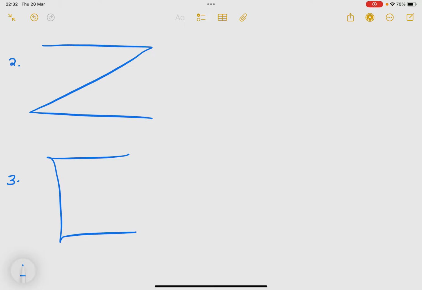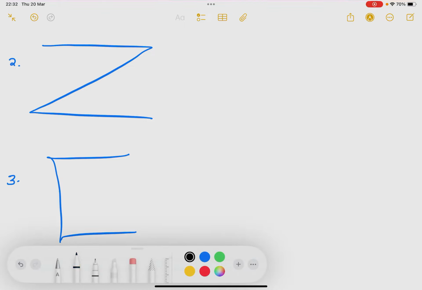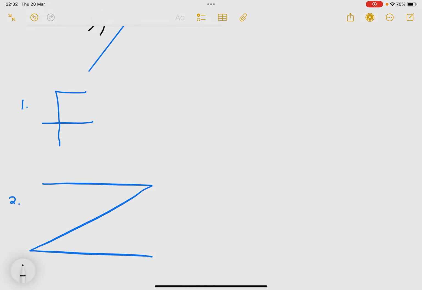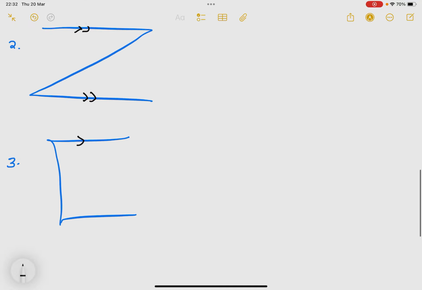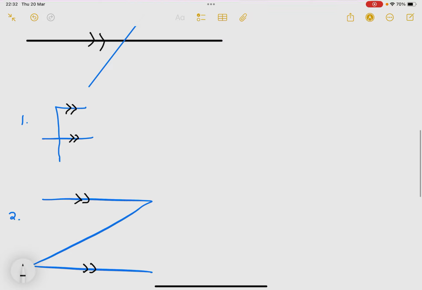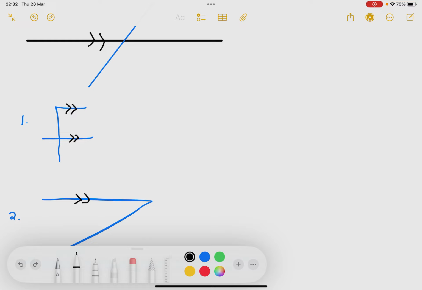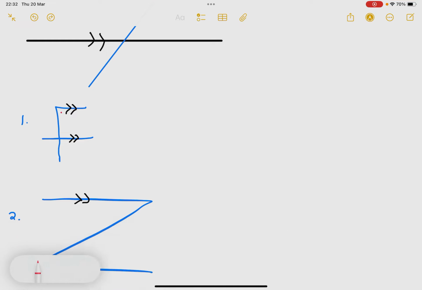Before we go any further, let me teach you this. These lines here are our parallel lines. When you look for F, you see this angle right here?